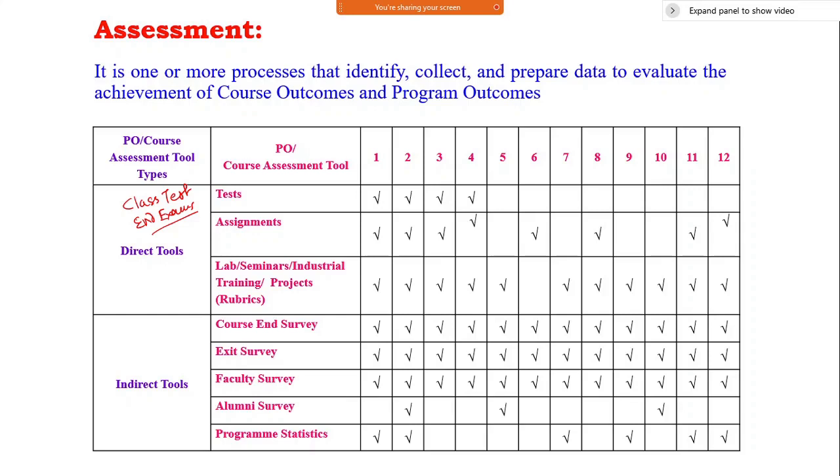A lab project or lab exams also come under these direct tools. Project evaluation and rubrics also come under direct evaluation.